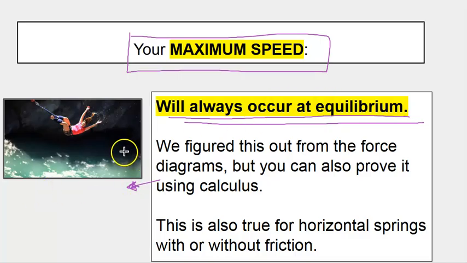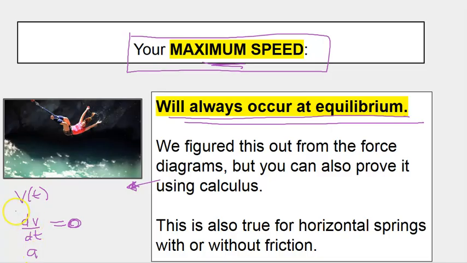We want to find the maximum speed. So the velocity is a function. It's not a linear function, as we're going to see it's a sinusoidal function. But it is some function of time, right? How do you find the maximum value of a function? You take the derivative of it and set it equal to 0, which could be a min. In this case, it's a maximum.